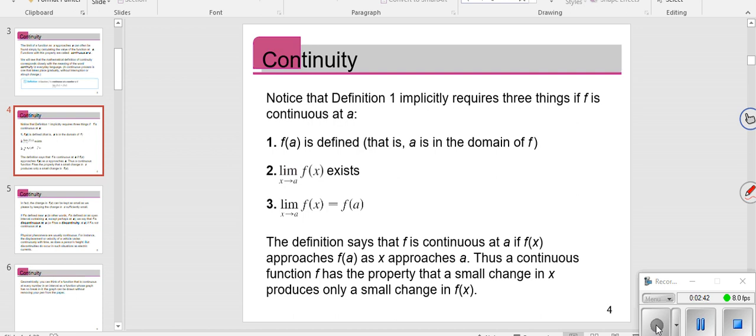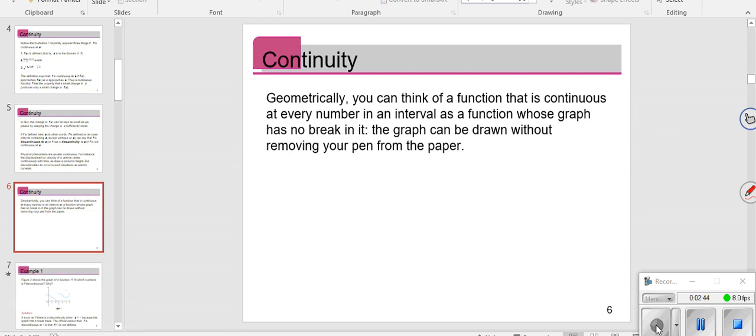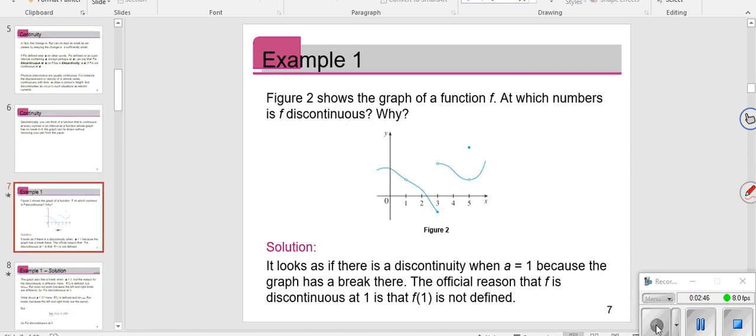Now I'm going to jump down to slide 7, because I like the picture here better than the sad picture I just kind of drew. Figure 2 shows the graph of a function f. At which numbers is f discontinuous and why? Now, I don't know if you guys can see this, but I think this is an open circle. This is filled in. This is open.